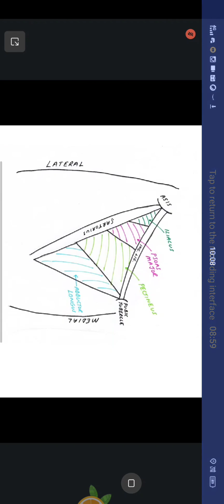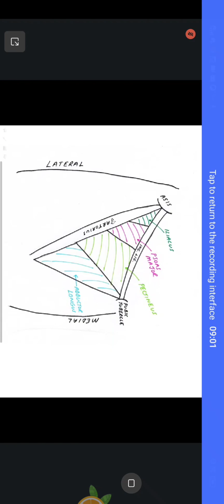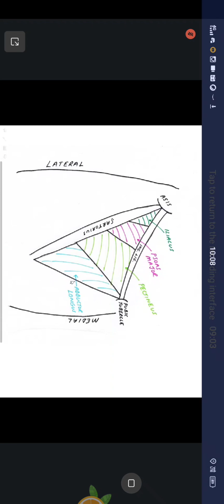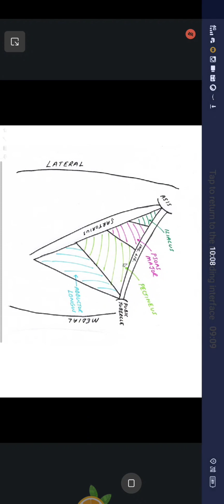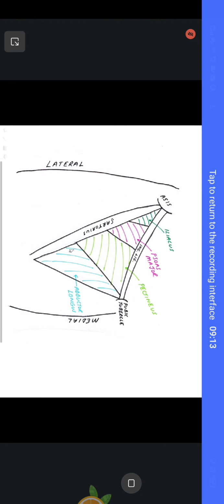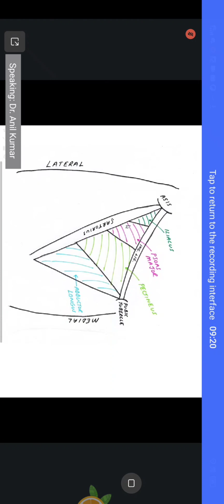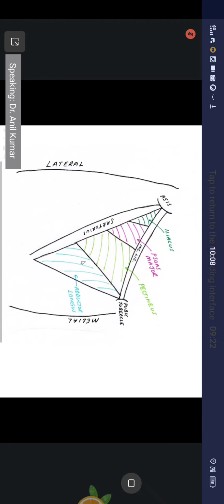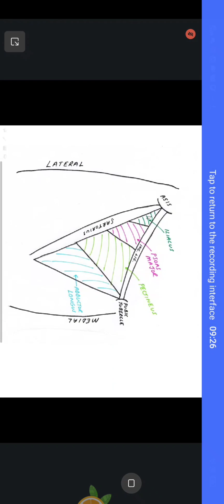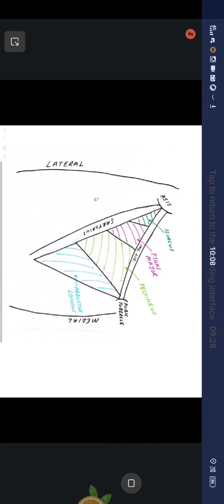The boundaries are clearly shown over here: sartorius, adductor longus, and the inguinal ligament, which is forming the base of this triangle. The apex is formed by the meeting point of the adductor longus as well as the sartorius over here. And the floor's four muscles are clearly seen: the adductor longus, pectineus, psoas major and iliacus.